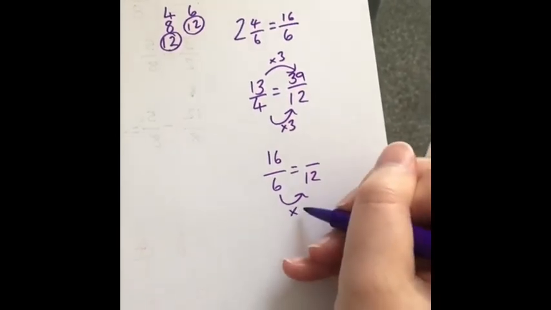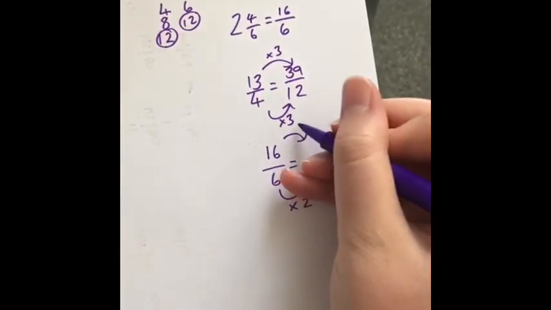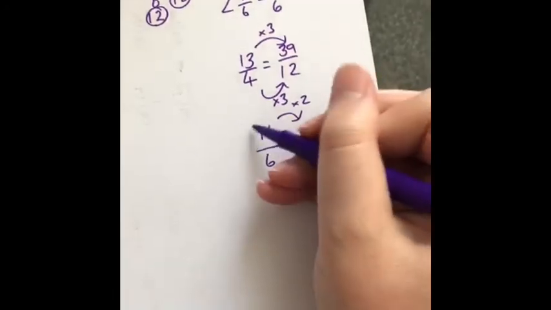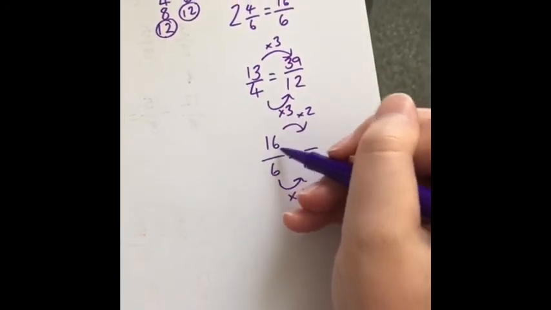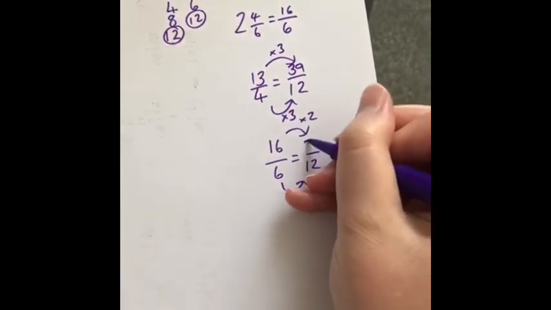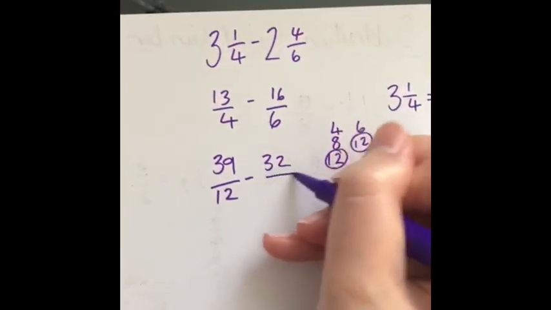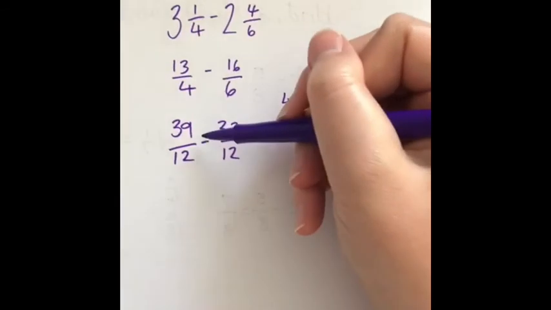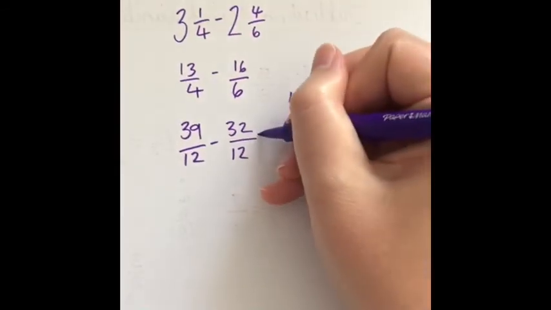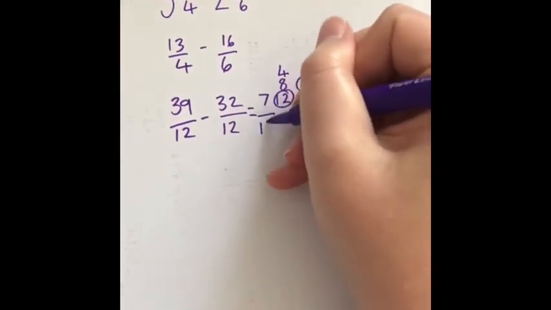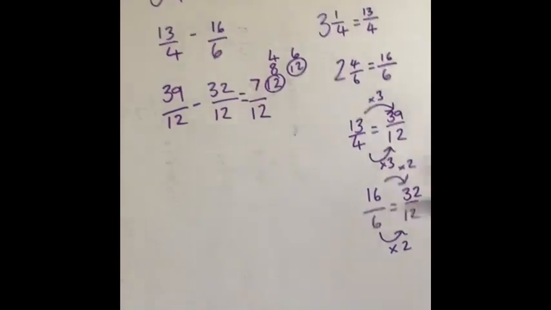Well, we're multiplying that by 2. Multiply the top number by 2. All we need to do is double it. So double 10 makes 20. Double 6 is 12. 20 add 12, we've got 32 over 12. Okay, so 39 take away 32 is 7/12. And that's it, that's your answer.